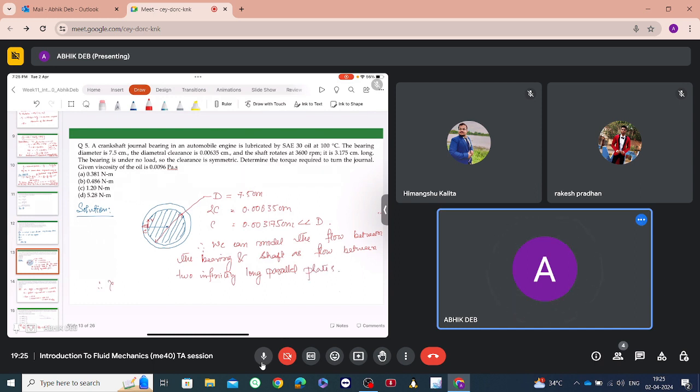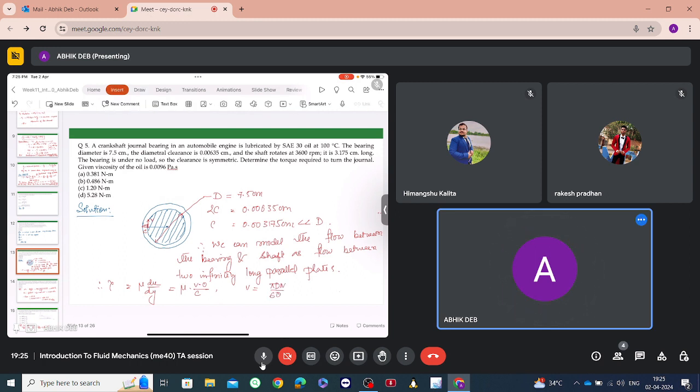Therefore tau is equal to mu into du by dy, or mu into v minus 0 by c, where v is equal to pi dn by 60.